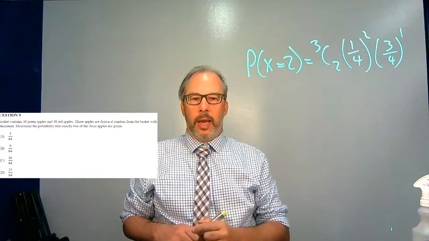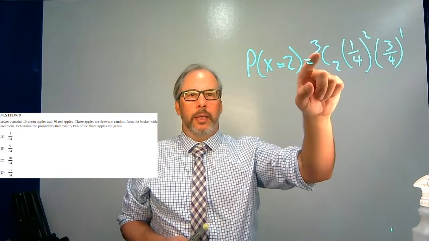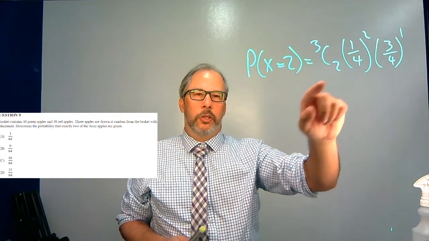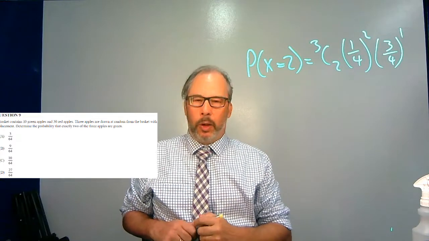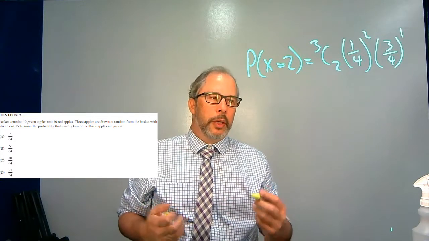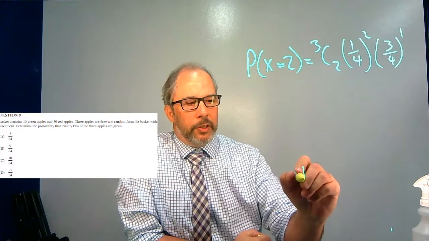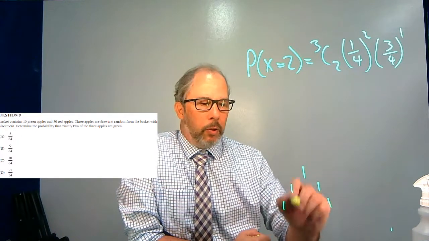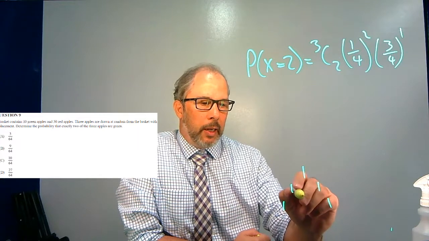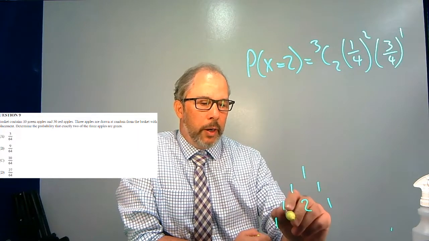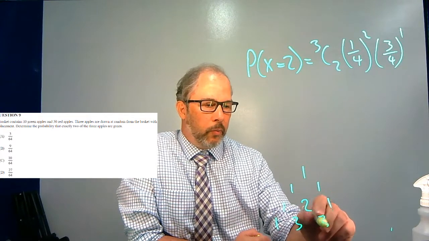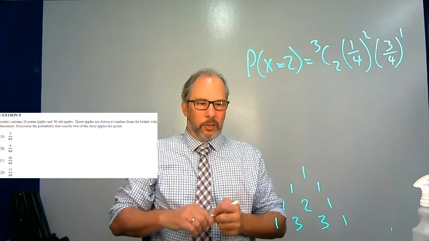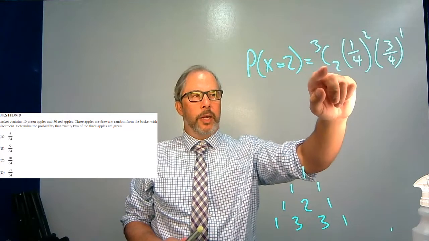So simplifying that now, some people might look at the 3C2 here and think, oh, I'm not sure how do I go about solving that? What do I do? If you're really stuck, you can actually set up a little Pascal's triangle and write this out as 1, 1, 1, 2, 1, 3, 3, 1. That's as far as I need to go, because we're looking at 3 choose 2.